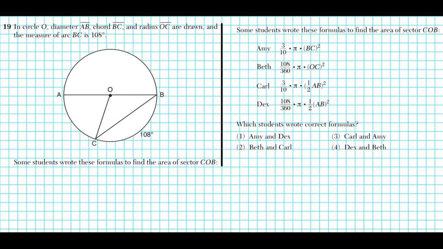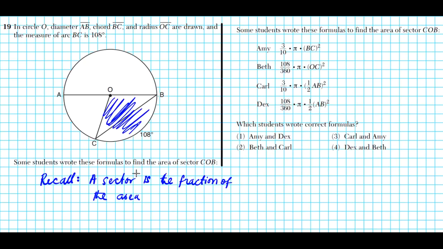Okay, so one thing you want to remember is that a sector is the fraction of the area. Okay, so it's like you're taking a slice of pizza. The entire pizza is the area, so if you're taking a sector out of it, it's like you're taking this slice of pizza out.